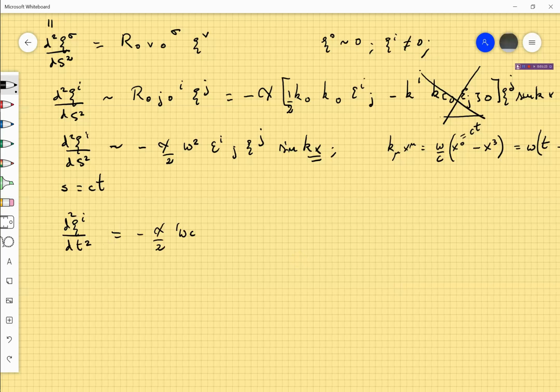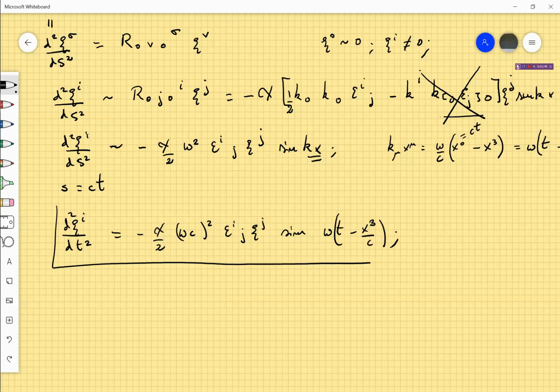Then c comes here multiplying, and we have epsilon ij psi j and the sine of omega t minus x3 divided by c. Okay, this is the equation that we want to solve.